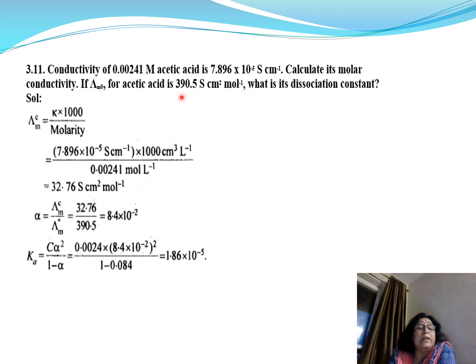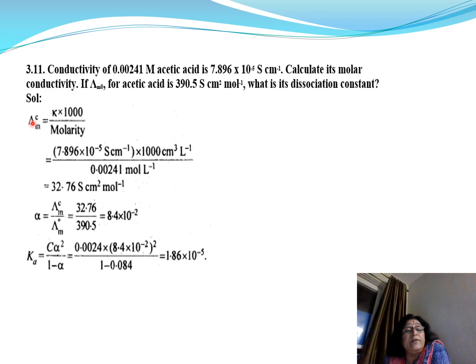Okay. The conductivity of 0.00241 M acetic acid is 7.896 into 10 to the power of minus 5 Siemens centimeter inverse. Calculate molar conductivity if the molar conductivity at infinite dilution for acetic acid is given as 390.5 Siemens centimeter square per mole. What is its dissociation constant?